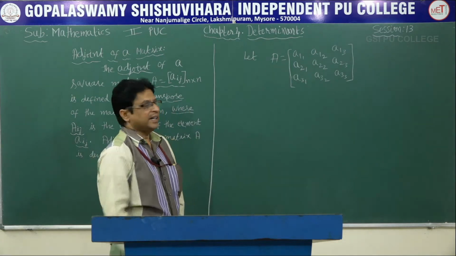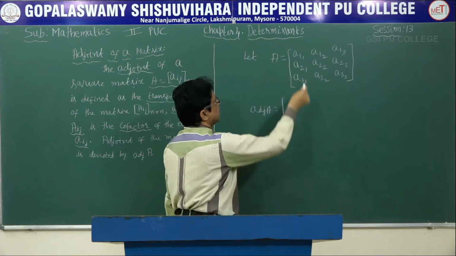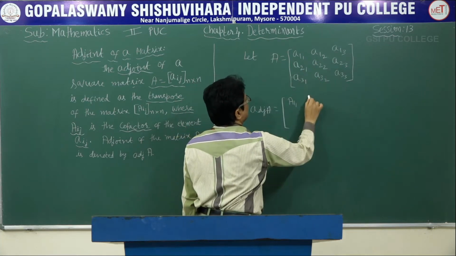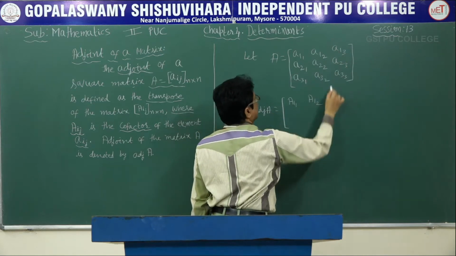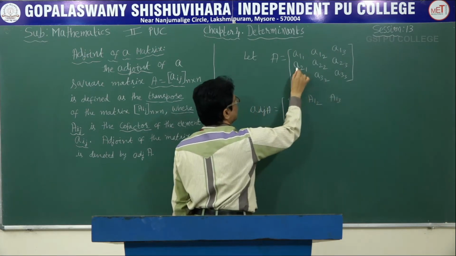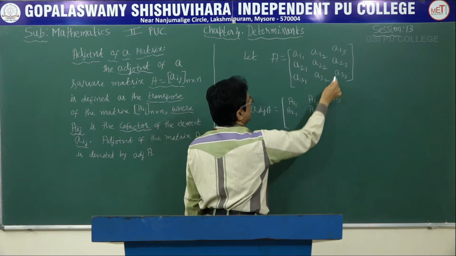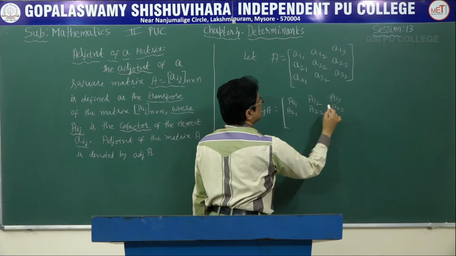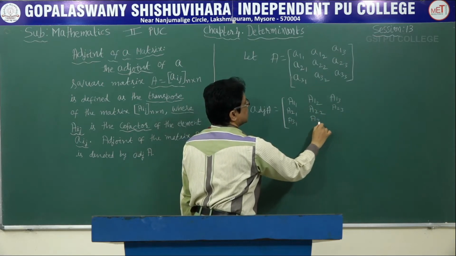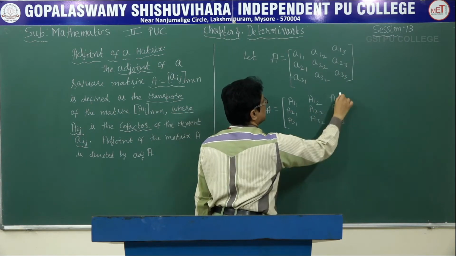Now, adjoint A is equal to the cofactor of a11 is capital A11, the cofactor of a12 is A12, the cofactor of a13 is A13, the cofactor of a21 is A21, the cofactor of a22 is A22, the cofactor of a23 is A23, the cofactor of a31 is A31, the cofactor of a32 is A32, the cofactor of a33 is A33.